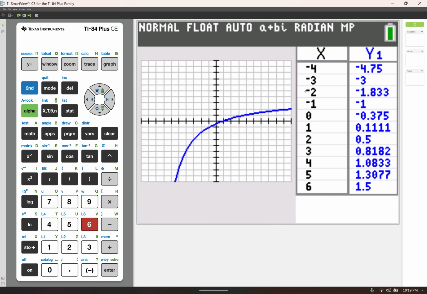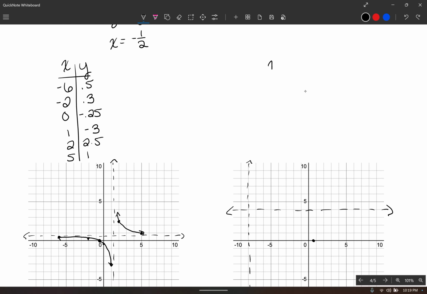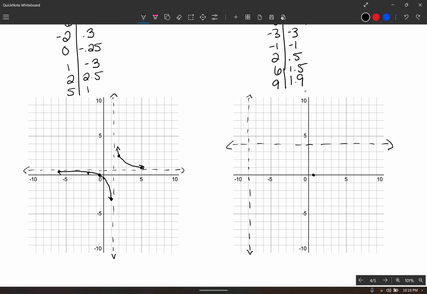All right. So I just took points from my table. So we have -5, -7.7, -3, -3, -1, -1, 2, 0.56, 6, 1.5, and 9, 1.9. So those are all numbers I got from the table.